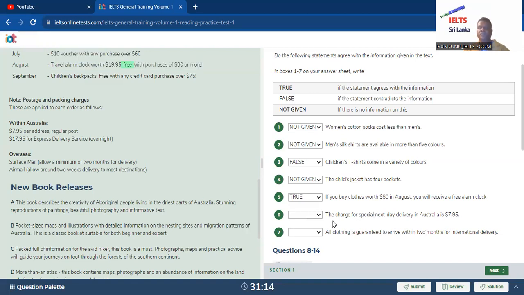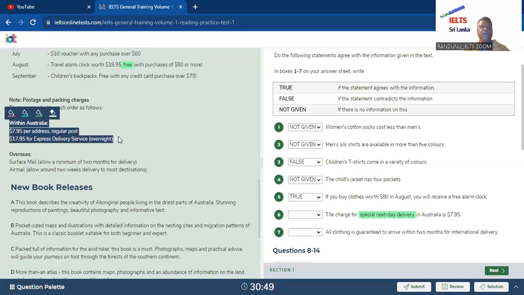Next one. The charge for special next day delivery in Australia is $7.95. So a delivery mode called special next day delivery in Australia, and the cost is $7.95. That information is given in this area.